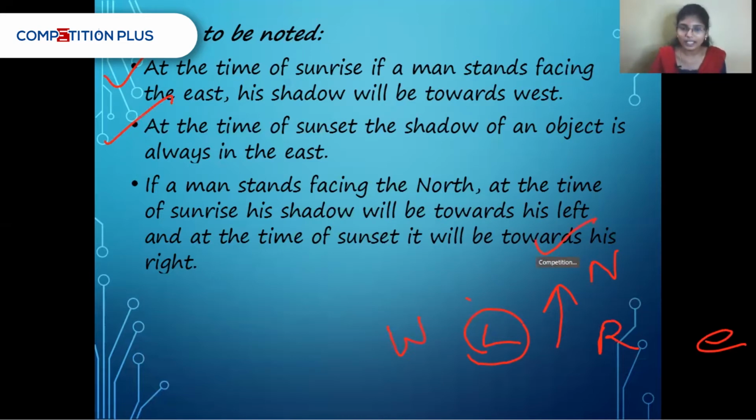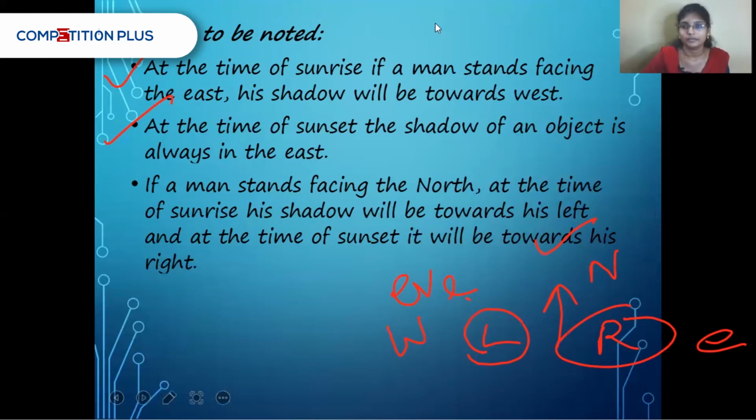And during sunset, which happens in the west, the light source is in the west and the shadow will be cast in the opposite direction, that is nothing but your east. So it is obvious that the person standing facing towards the north will have the shadow formed towards their right during the evening time.